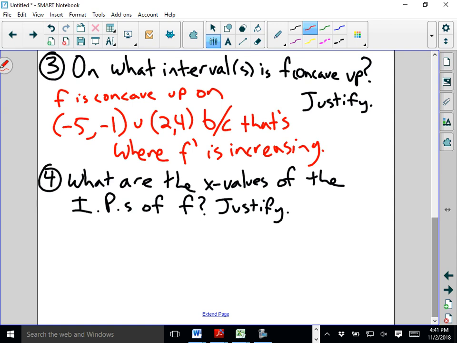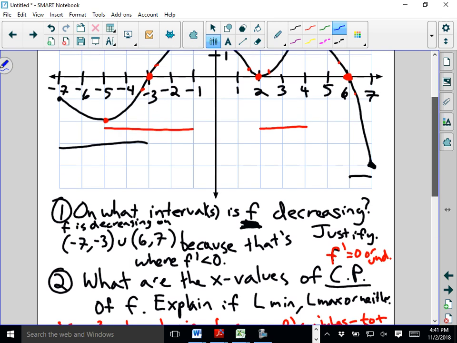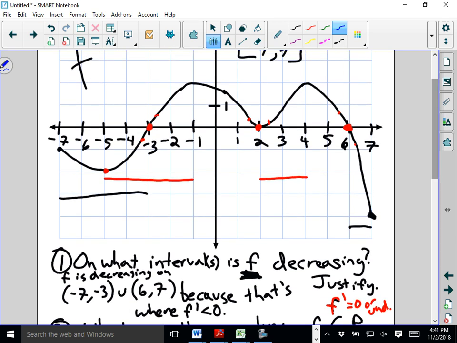Again, I'm looking for f prime to be switching from decreasing to increasing or increasing to decreasing. Starting at -7, f prime starts off decreasing until we hit -5, then f prime starts increasing. So this point right here is an inflection point.